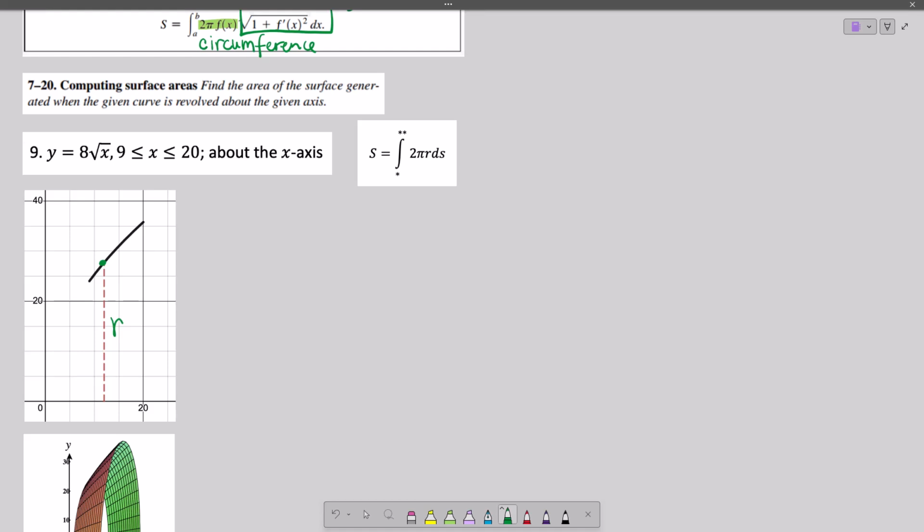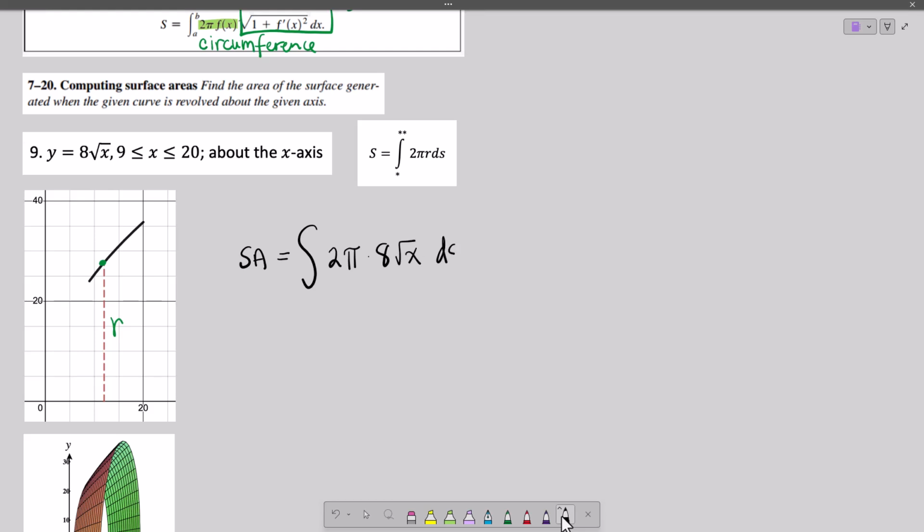So 2 pi r. We're going to have that our surface area, I'll call it SA, is going to go 2 pi r, so 2 pi. R is given by the function, so times 8 root x.